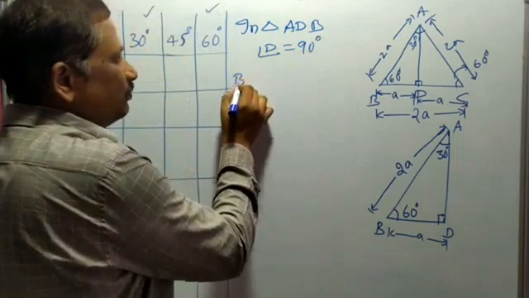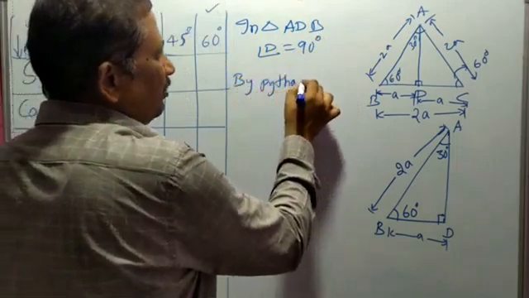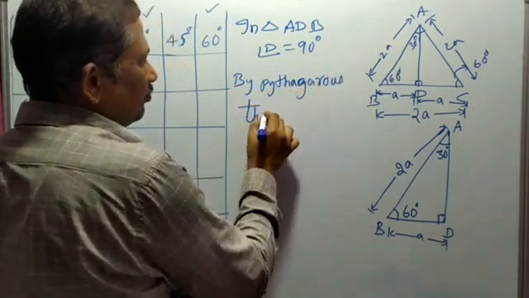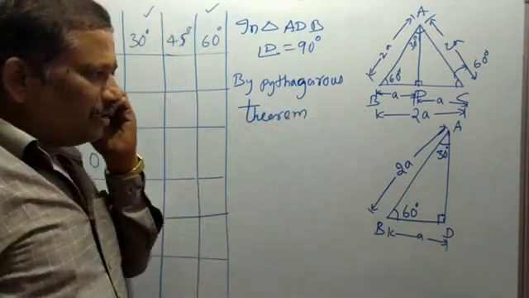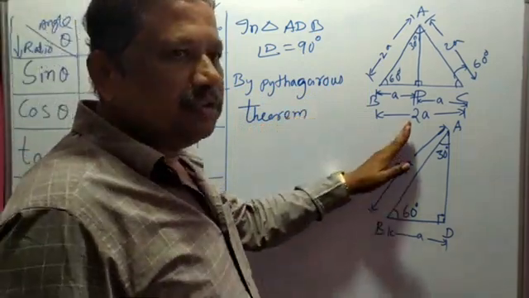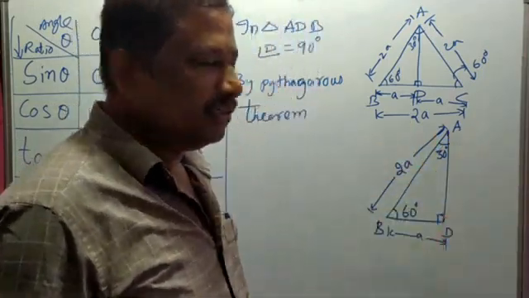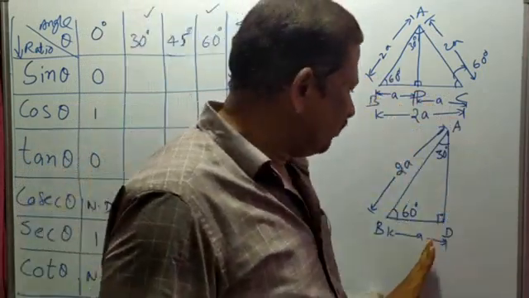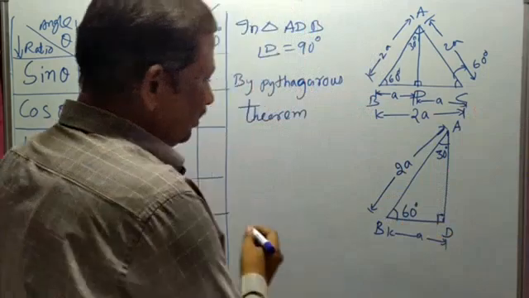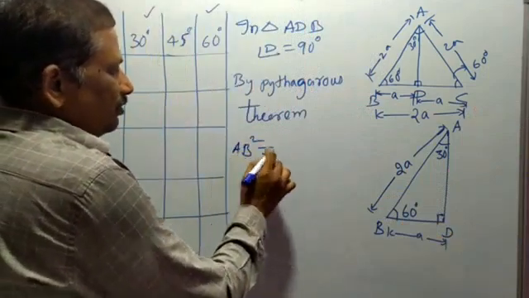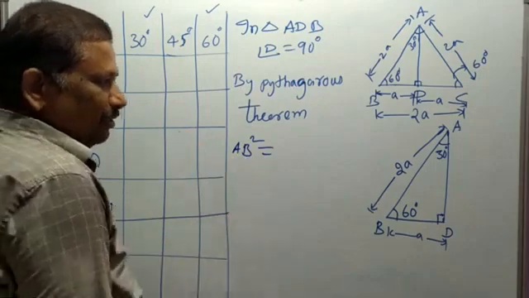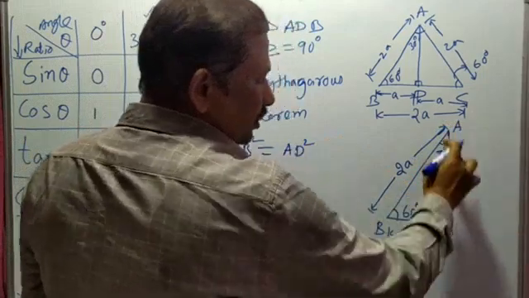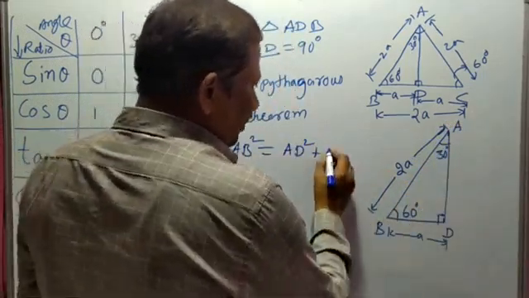The Pythagoras theorem says the square on the hypotenuse is equal to the sum of the squares of the remaining two sides. That means AB square equals AD square plus BD square.